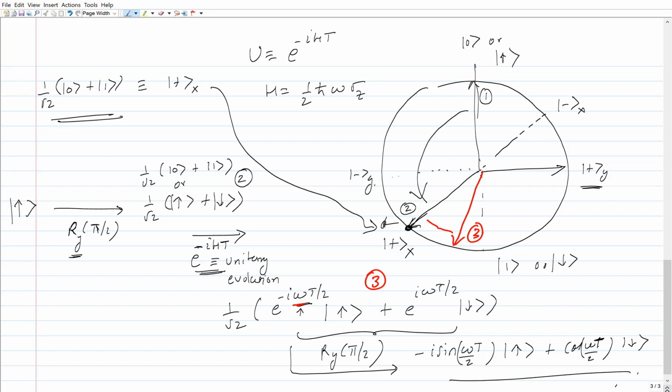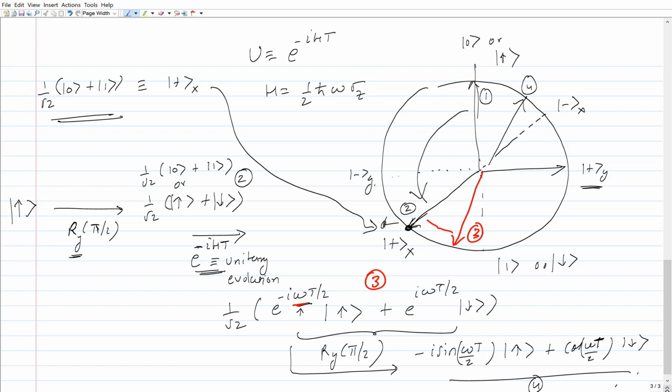So this was step 4, where I'm again flipping it back up. From the equatorial plane, this state again lands somewhere here. This is my 4th stage.